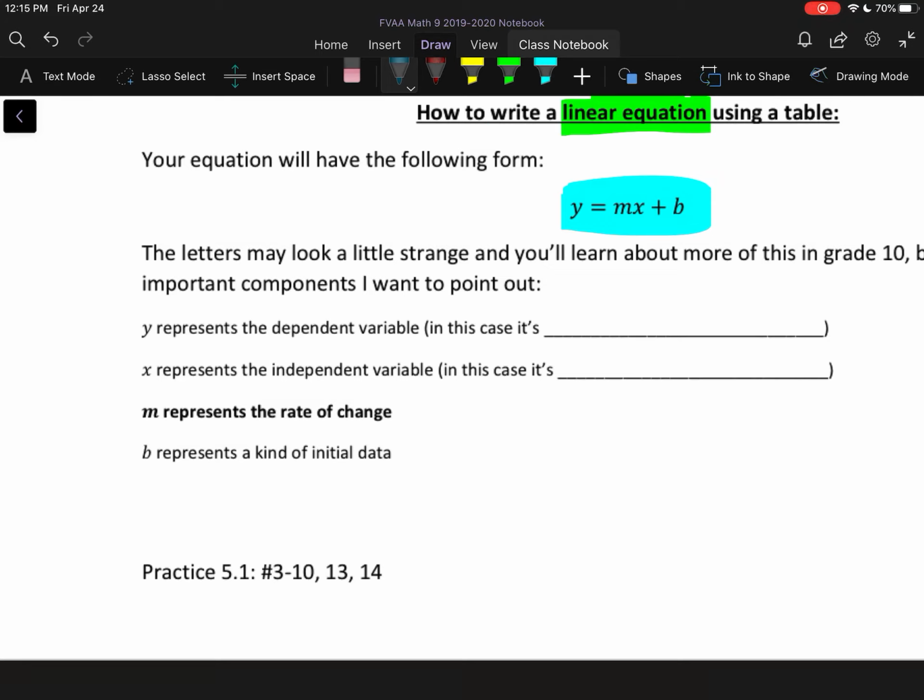So in this situation, the dependent variable is the number of blocks, because the number of blocks changes because of the figure number. It's not the figure number that changes because of the number of blocks. The number of blocks is determined by the figure number. It's not the figure number determined by the number of blocks.